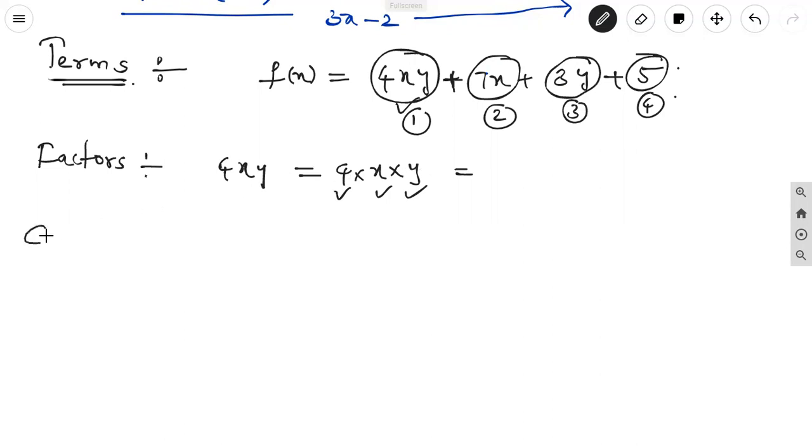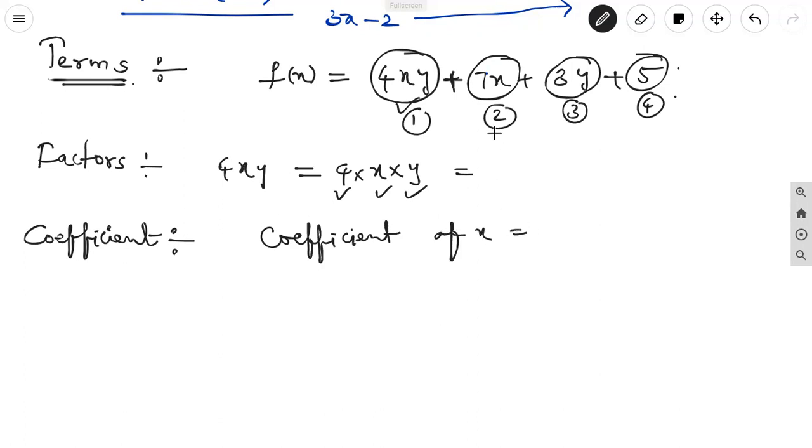Next, coefficient. Coefficient means if they ask what is the coefficient of x in the above expression, we see in the expression if the x variable is there. Yes, exactly, it has the x variable. What is the numeral multiple? x has 7. So the coefficient of x is 7.